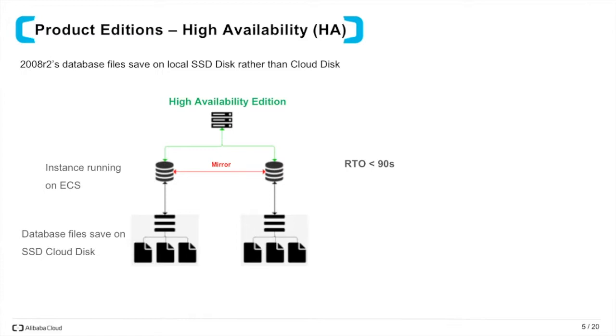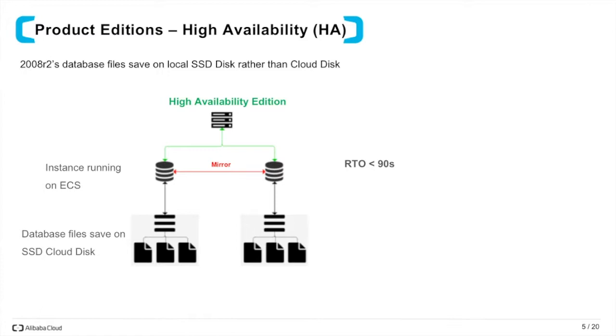I want to let you know that the 2008 R2 instance database file doesn't save on the SSD cloud disk. Rather, it saves on the local SSD disk instead. The advantage here is performance, and the IOPS is more than SSD cloud disks.